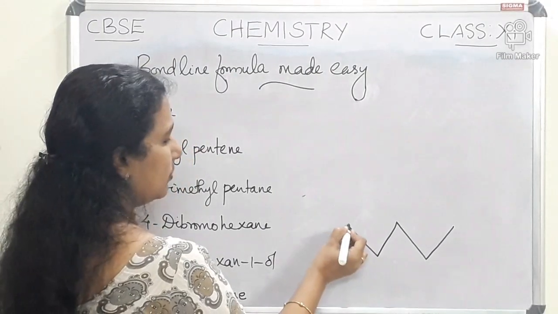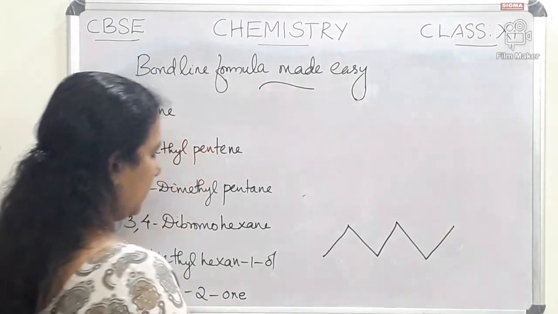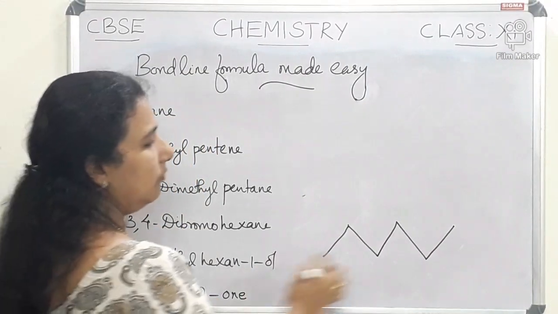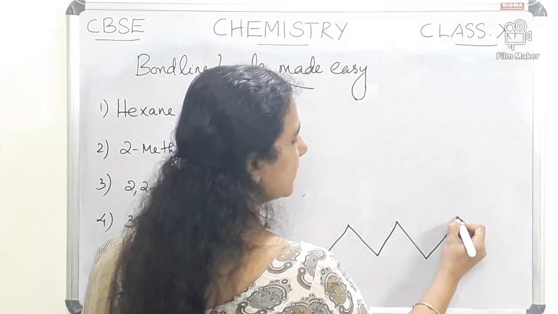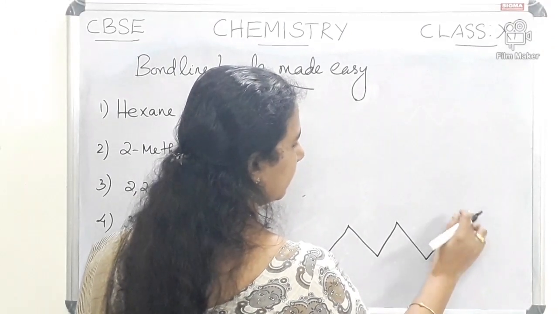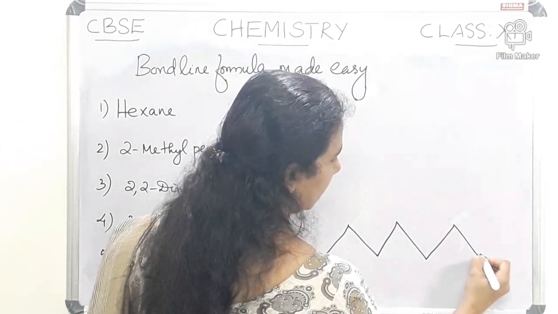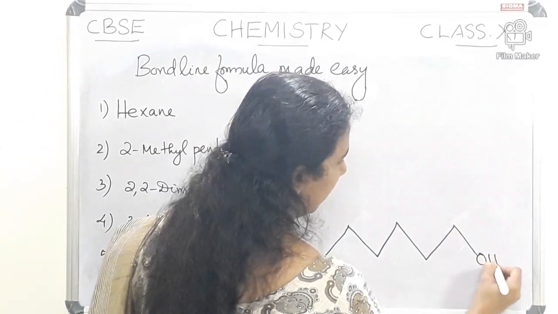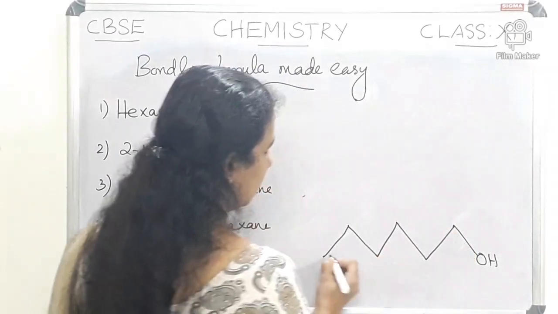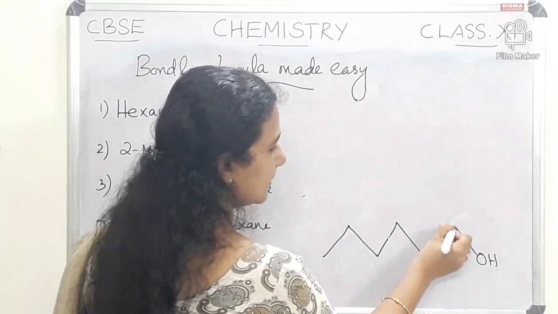So hexan-1-ol. 1-ol means OH is there, and we have to write a separate OH. 1, 2, 3, 4, 5, 6.